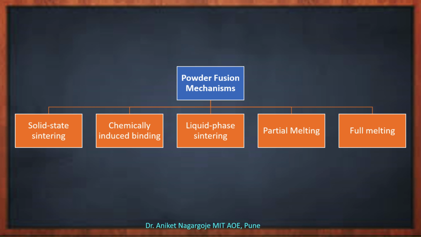The first one is solid state sintering. Second is chemically induced bonding. Third is liquid phase sintering. The fourth is partial melting and the fifth is full melting. Each mechanism represents a different way in which powder material is fused together to form solid objects.